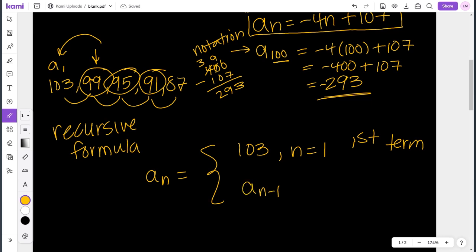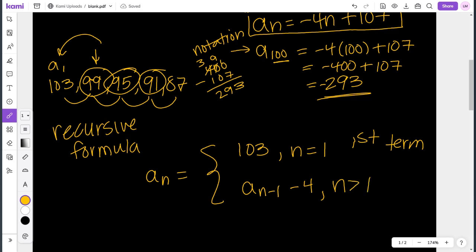If n is 2, 2 minus 1 is 1. That pushes me back to the first term. If n is 3, 3 minus 1 is 2, pushes me back to the second term. I'll show you that in just a second if that doesn't make sense. So for these terms, I'm going to subtract 4, and that gives me that term when n is greater than 1. So that's a recursive formula.